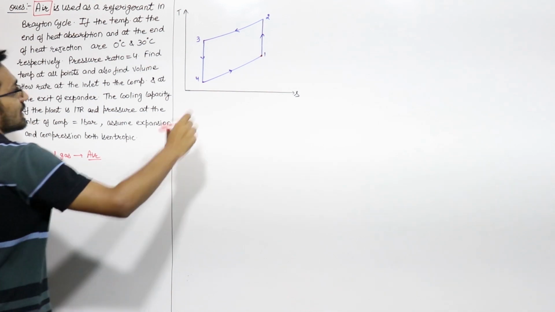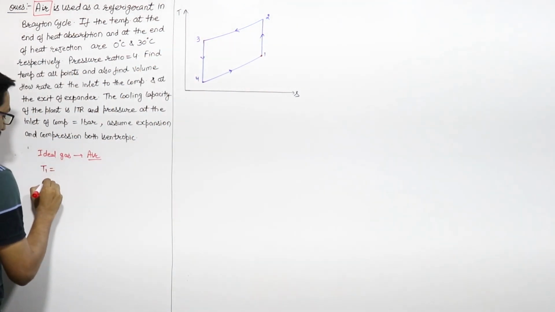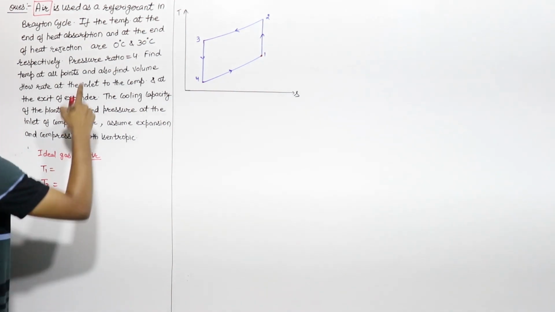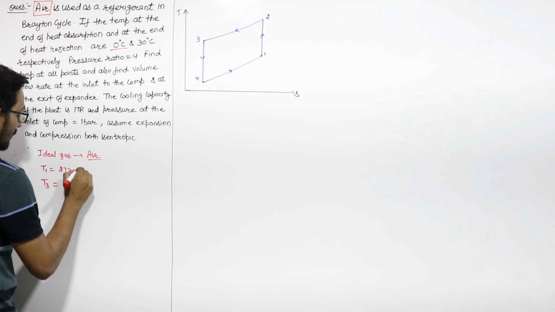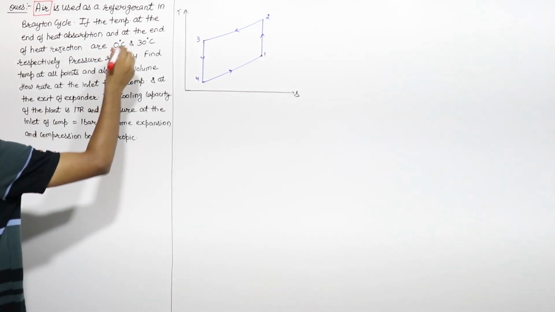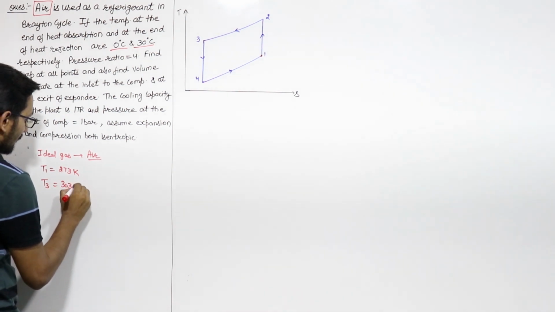This is the heat rejection. So T3 is given. T1 is given as 0 degree Celsius, that is 273 Kelvin.